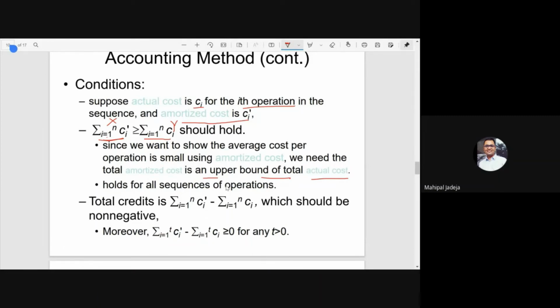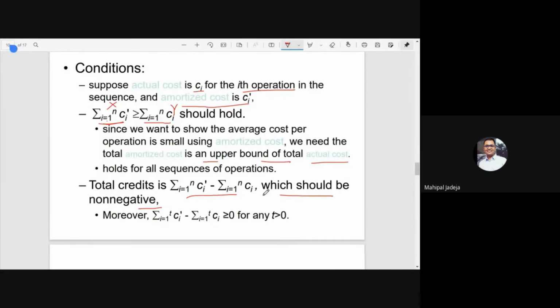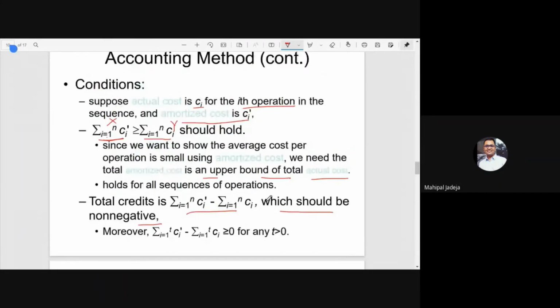And the total credits, the difference, must be non-negative. Non-negative means it can be 0 or greater than 0. It cannot be negative. For example, after pushing elements, your credit amount must be positive. Let's say I push element 5, and you are saying that credit is minus 0.5.